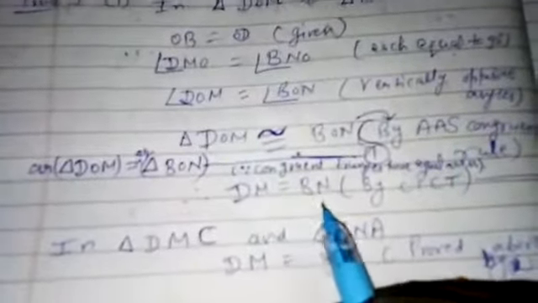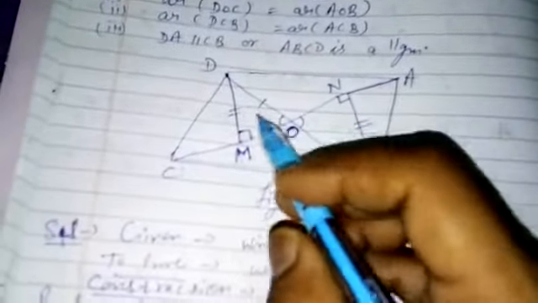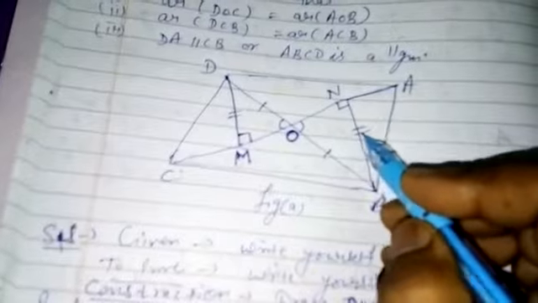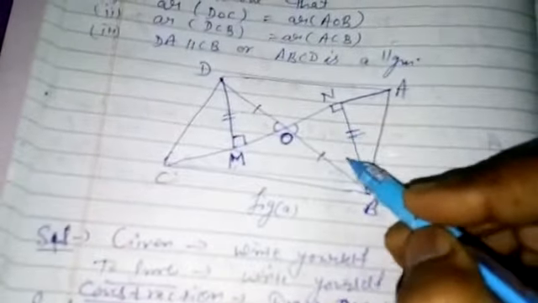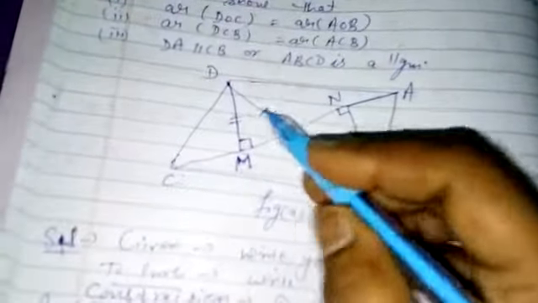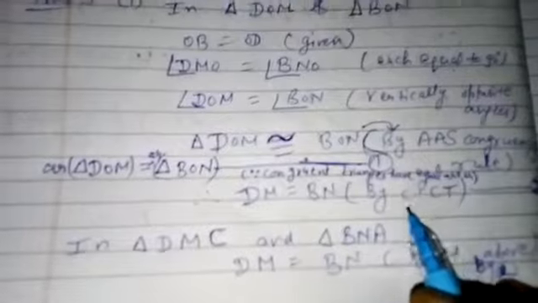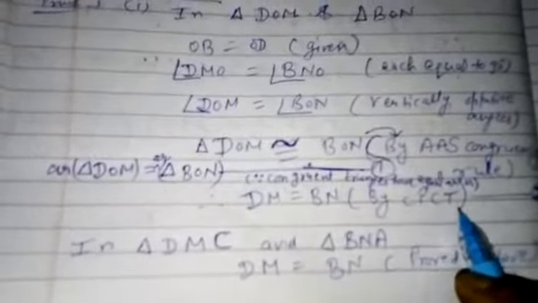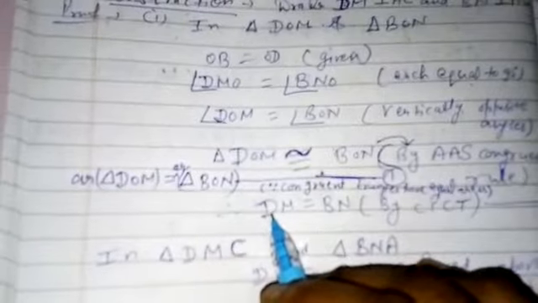These two sides we proved equal, so I applied a double line here, and here also. It means these both are equal. CPCT means corresponding parts of congruent triangles: if two triangles are congruent, then their corresponding parts are also equal.